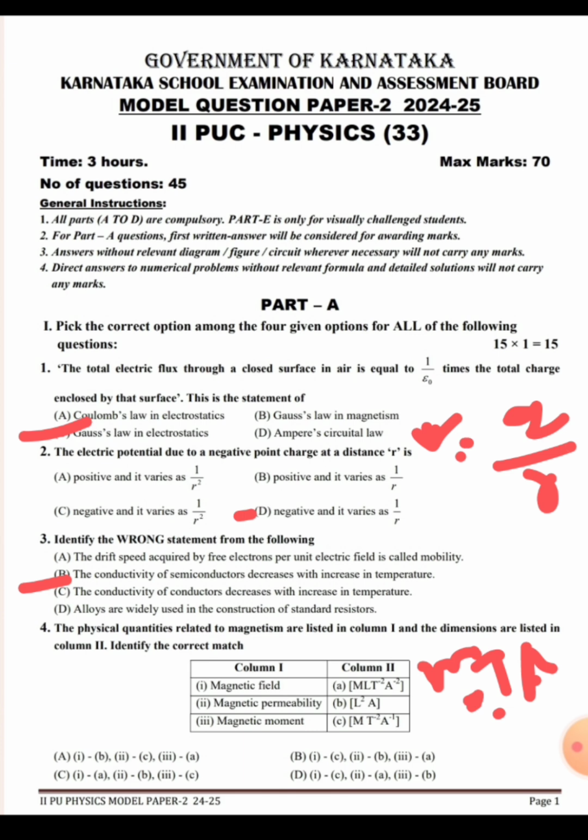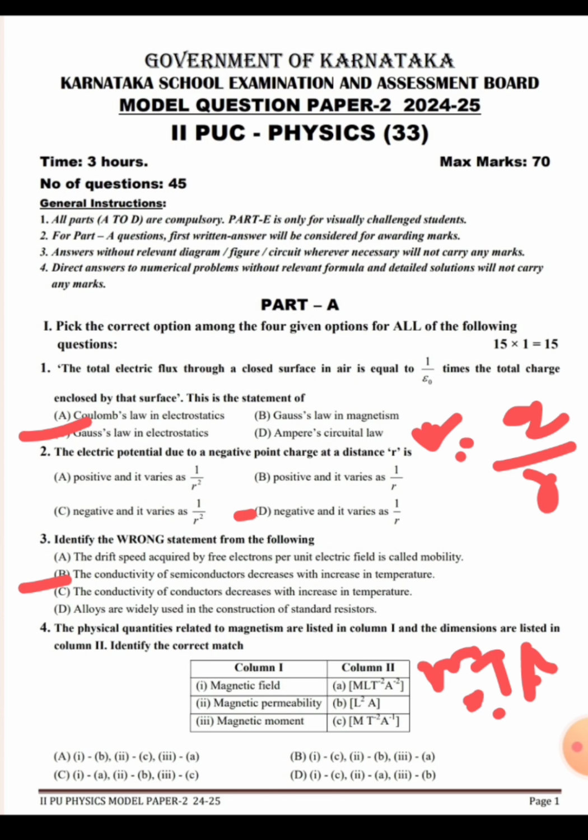Current is the rate of flow of charge, Q by T, so I can be written as A only, and area is L square. So therefore L square A for magnetic moment, third question, option B.